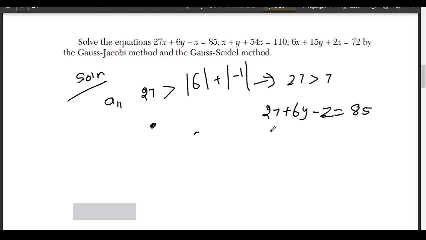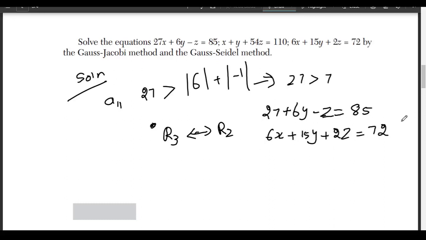The next equation is 6x plus 15y plus 2z equal to 72, where R3 is interchanged to R2. Now this condition satisfies because 15 is greater than 6 plus 2. So it is greater.